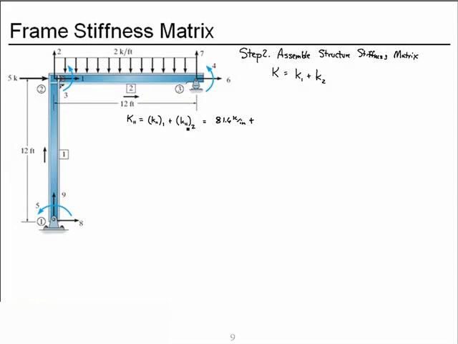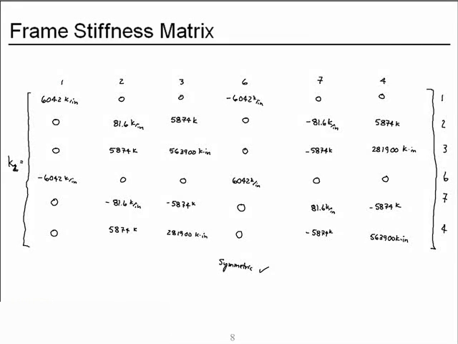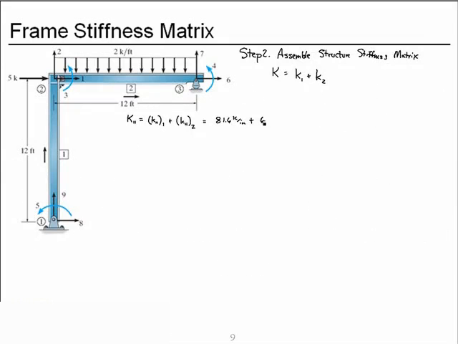And for member 2, degree of freedom 1 is this quantity. Put those two together, and we get 61.24 kips per inch.